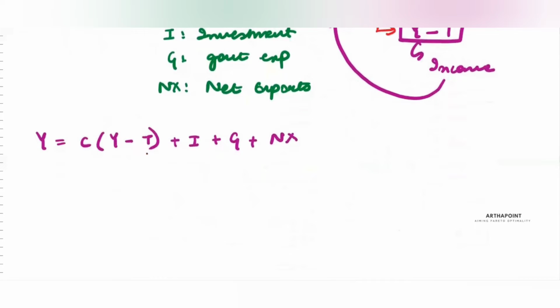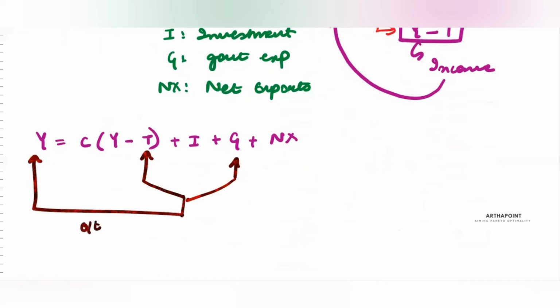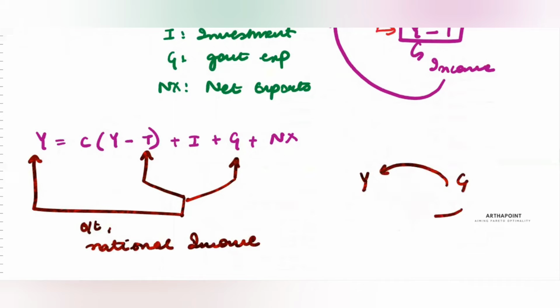Whenever there is any change in taxes or government expenditure, it is going to affect your output or national income. When you change Y by changing G or T, this is called fiscal policy. Simple.